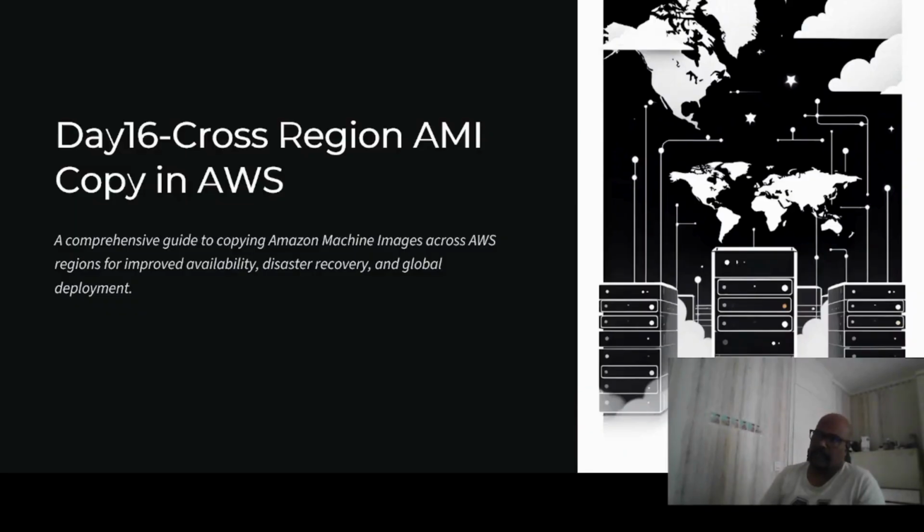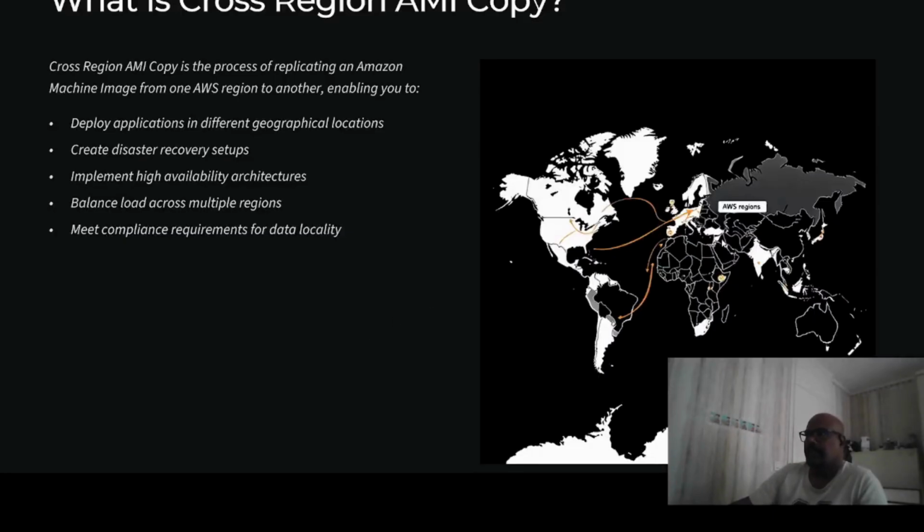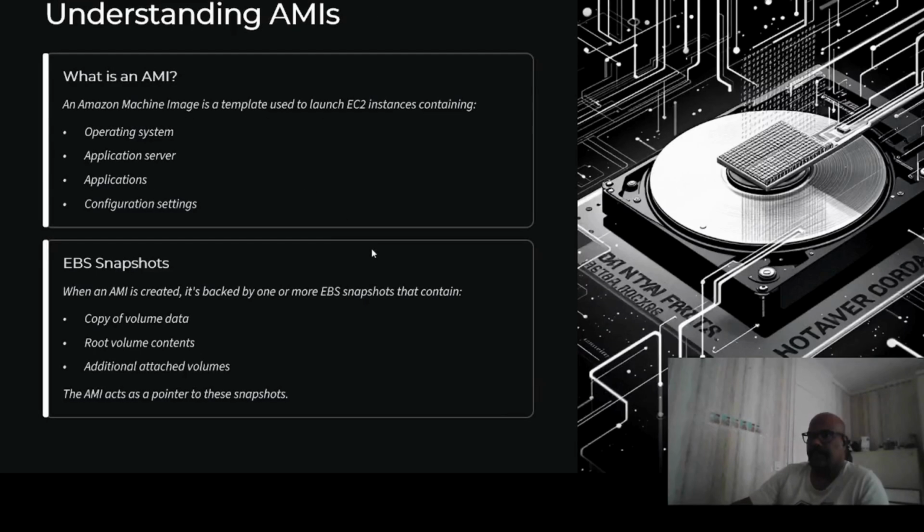Now I'm going to copy the AMI image from the North Virginia region to another region, the Singapore region, South Asia. This is mainly for high availability of resources. That is the main usage.